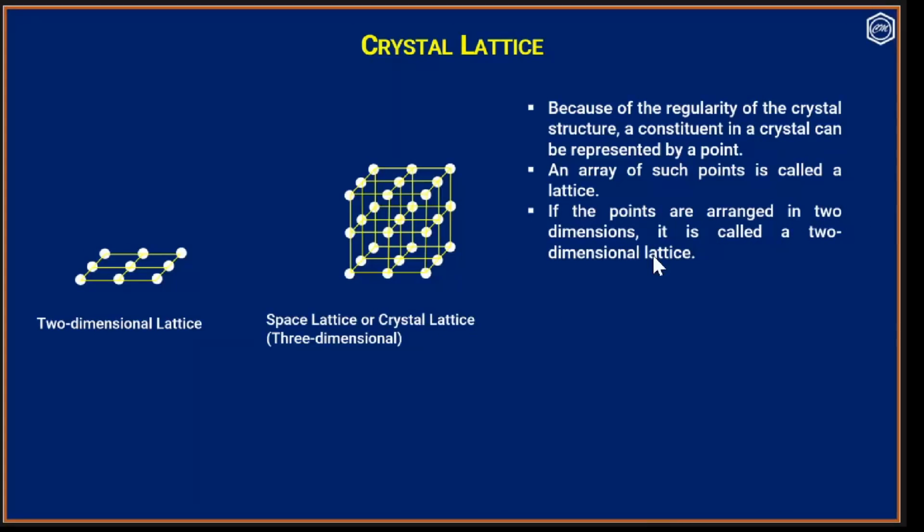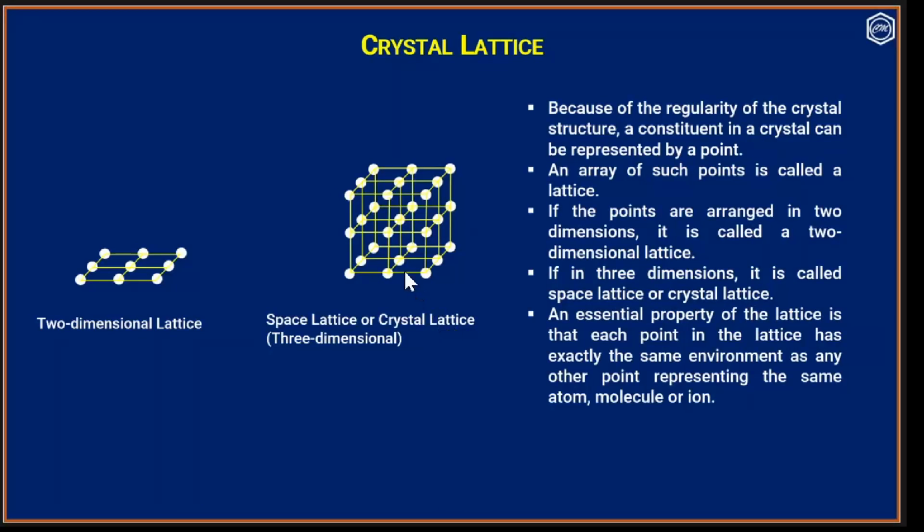If the points are arranged in 2 dimensions, it is called a 2-dimensional lattice, and if it is in 3 dimensions, it is called a 3-dimensional lattice, space lattice, or crystal lattice. An essential property of the lattice is that each point in the lattice has exactly the same environment as any other point representing the same atom, molecule, or ion.